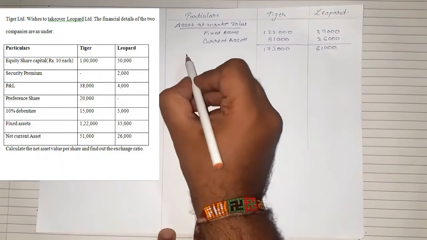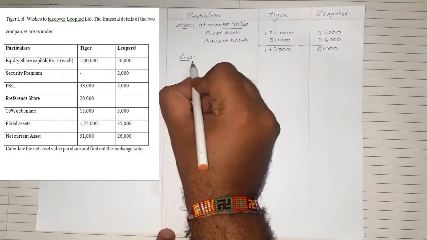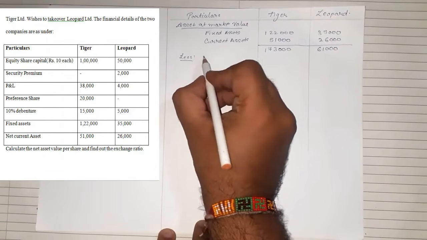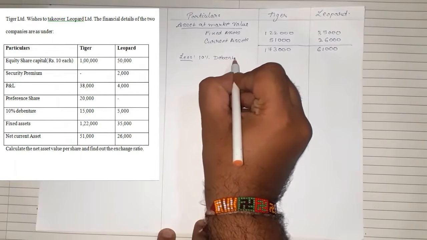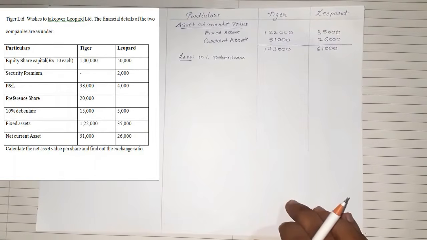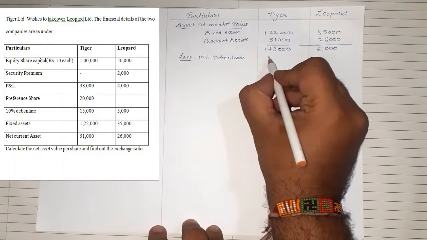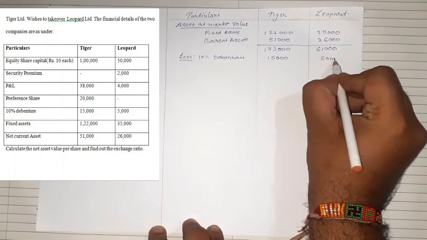So now I'll write the next thing as less outside liability. Under outside liability, we'll directly write here 10% debentures. The value is 15,000 and 5,000. So we'll note down that as 15,000 and 5,000.